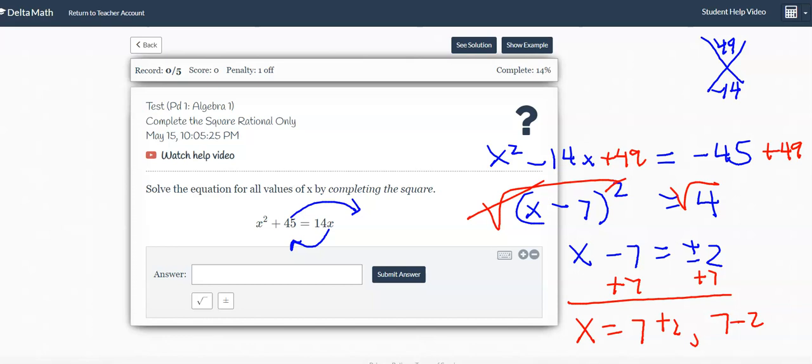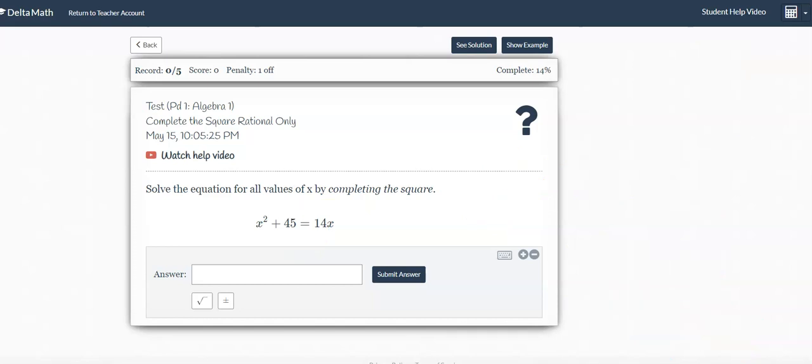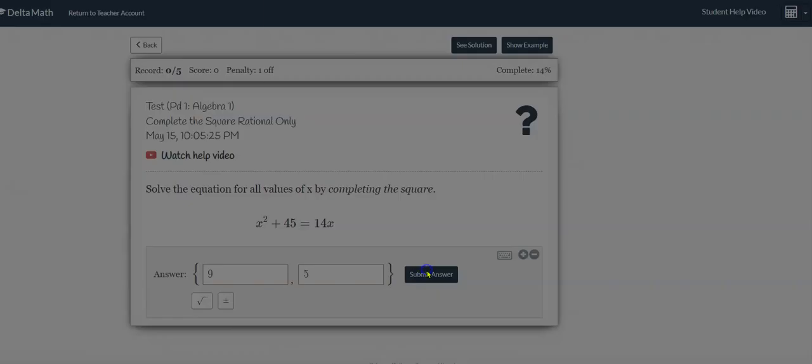So my 2 answers are going to be 9 or 5 in any order. 9 or 5. All right, so I'll type that in here with a comma. 9 and 5. See, they have those braces for us, the squiggly braces, for when we have more than one number.